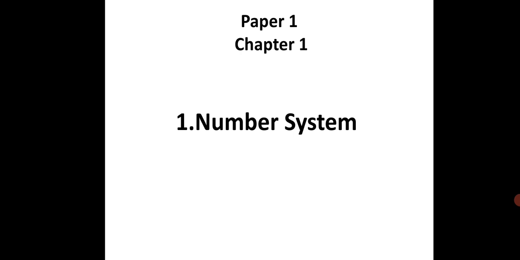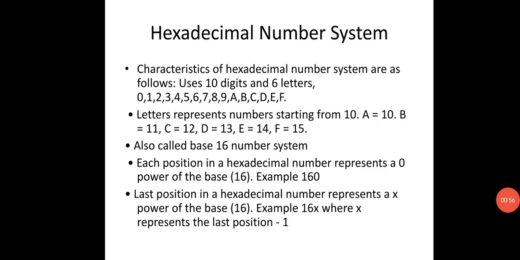In today's lecture we are going to start with the hexadecimal number system and octal number system. Hexadecimal number system. The characteristics of the hexadecimal number system are as follows.